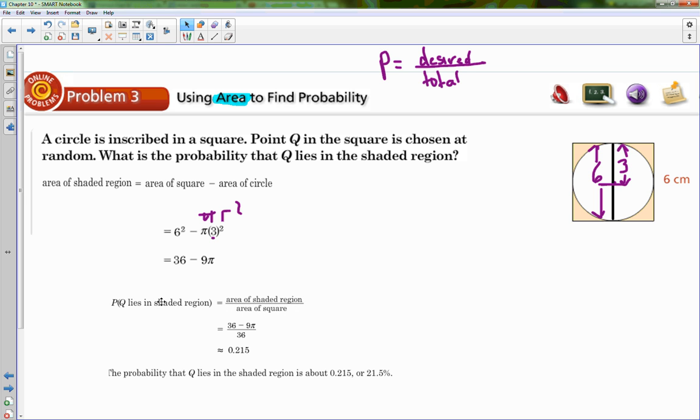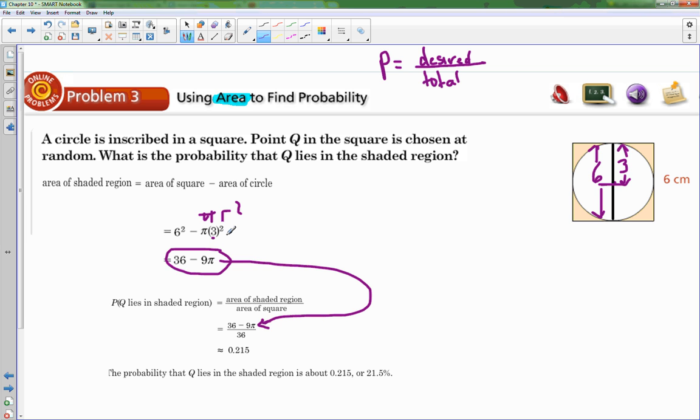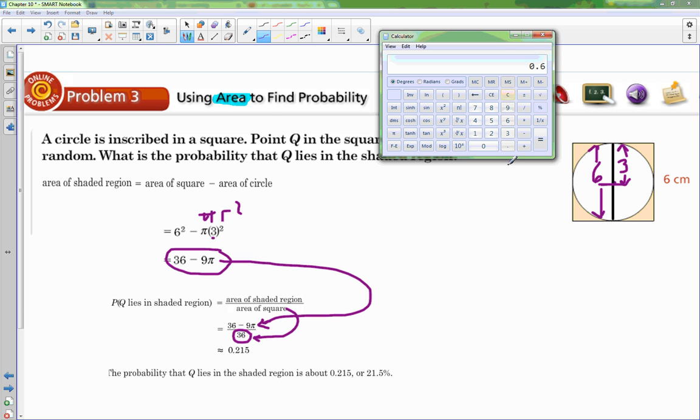The probability that Q is in our shaded region is the area of the shaded region divided by the area of the square. So the area of the shaded region is 36 minus 9 pi, and the area of the square is 36. Let me show you how I would do that on my calculator, because sometimes half the battle is actually operating the calculator.